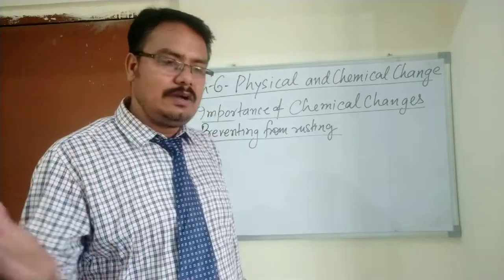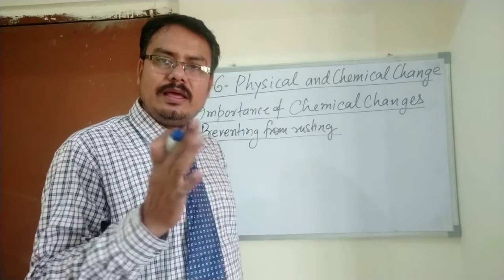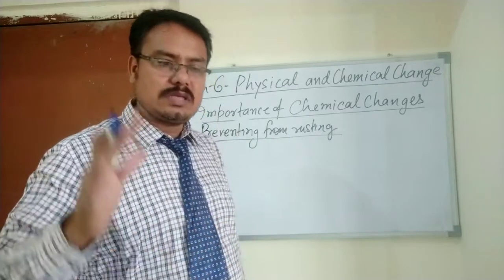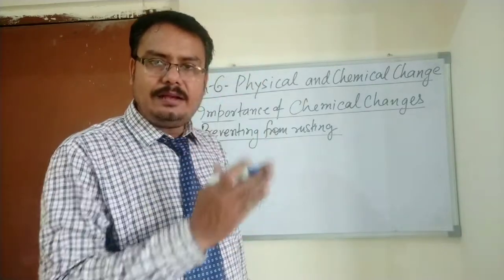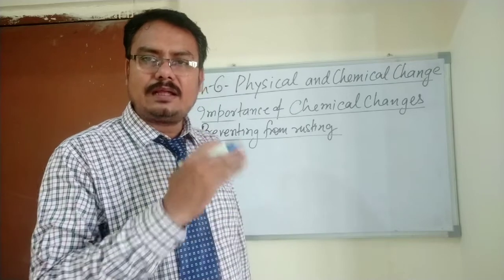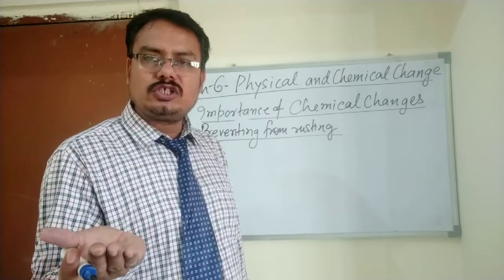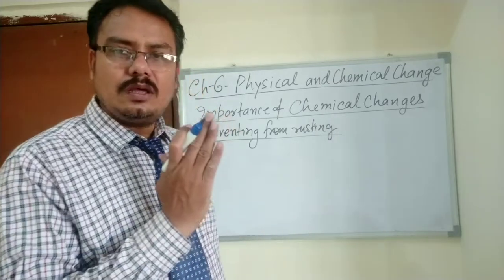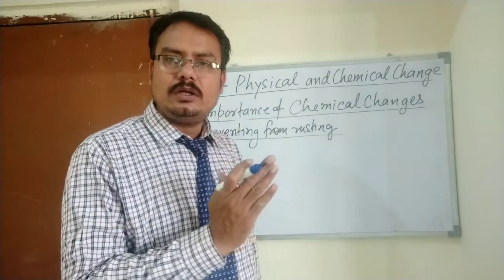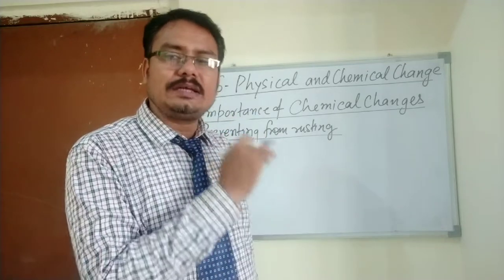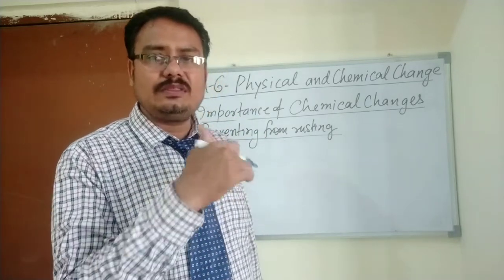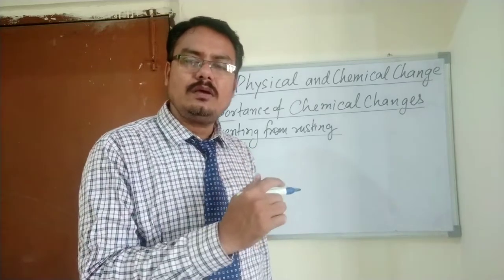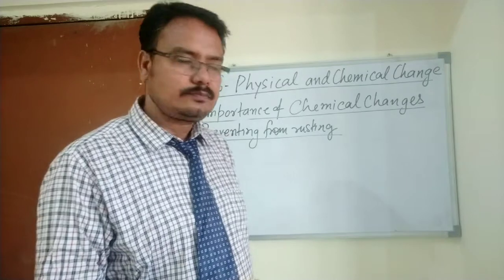Now if the moisture air touches that iron object, it will not touch the iron directly, because a paint layer is between the iron and the moisture air, acting as a shield and protecting the iron from coming in contact with the moisture air. Like this, it is stopping further rusting.